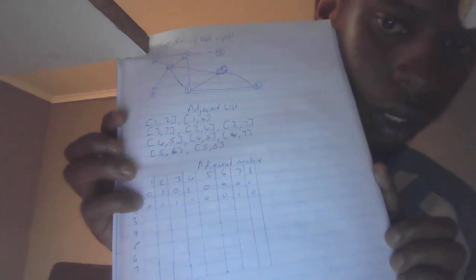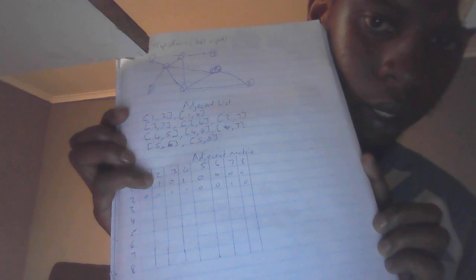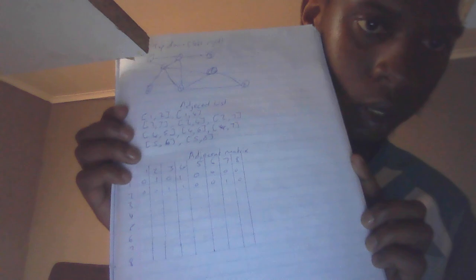If it is connected, we write 1. Here's an example. Don't know if you can see clearly. See here, 1 is not connected to 1, so we write 0. But 1 is connected to 2, so we write 1. The list goes on.